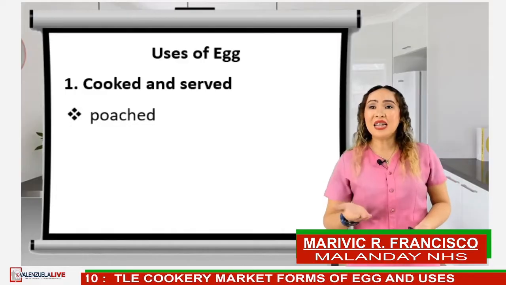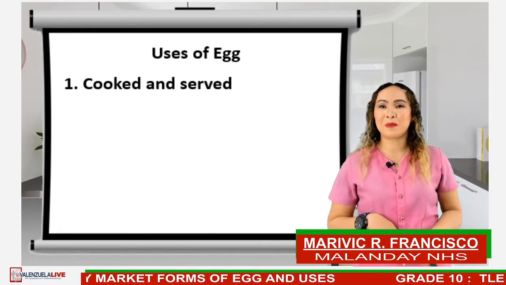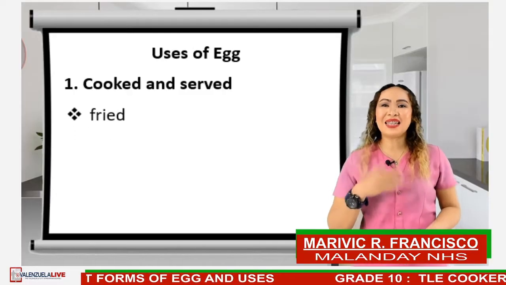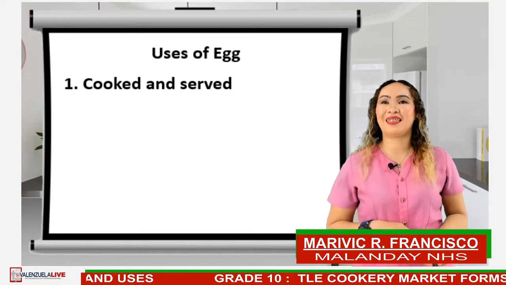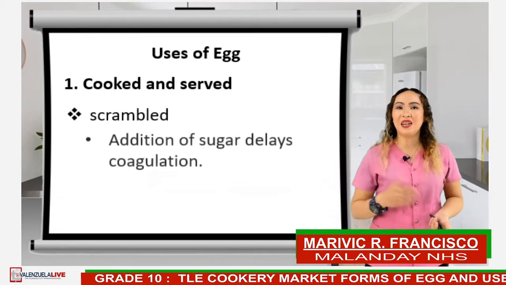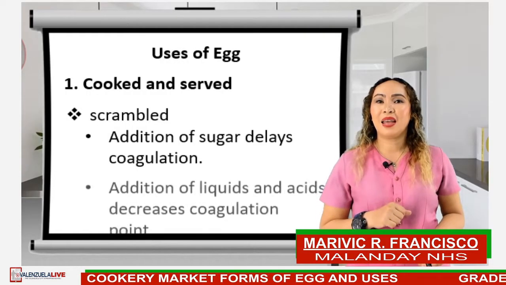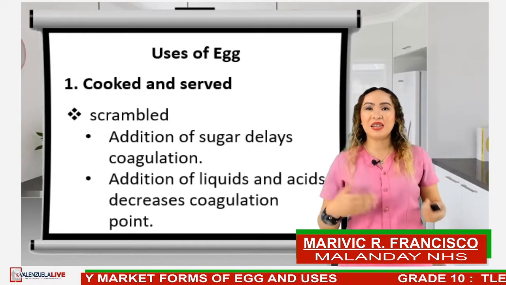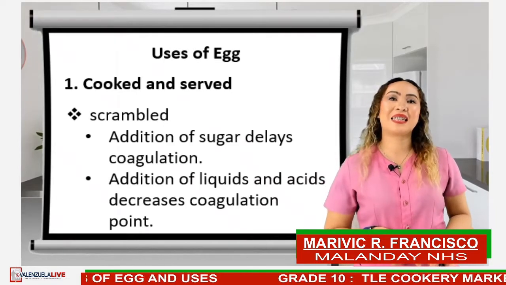The addition of liquids and acids decreases the coagulation point. As scrambled here, the addition of sugar delays coagulation, and the addition of liquids and acids decreases the coagulation point.